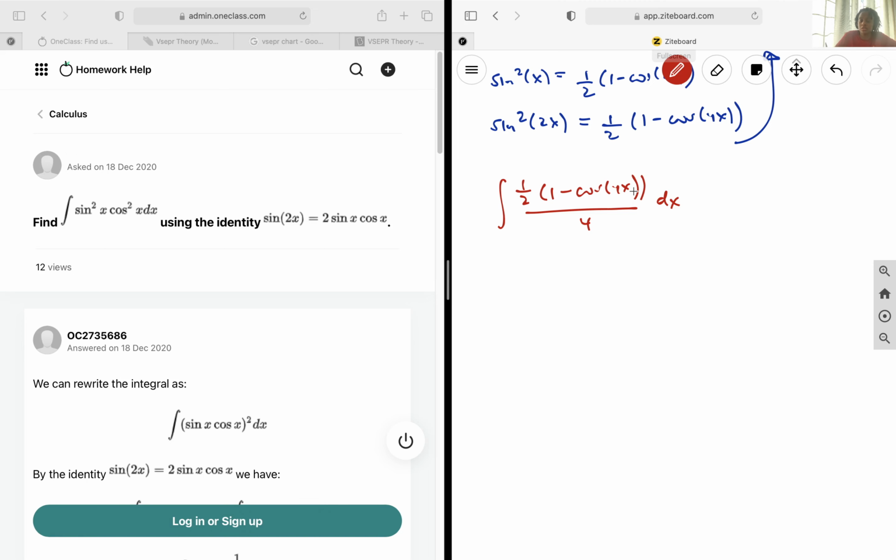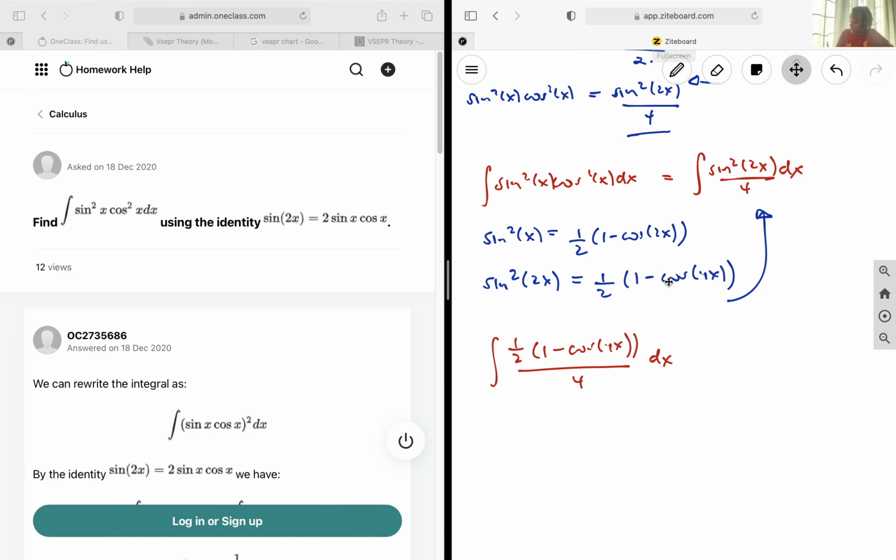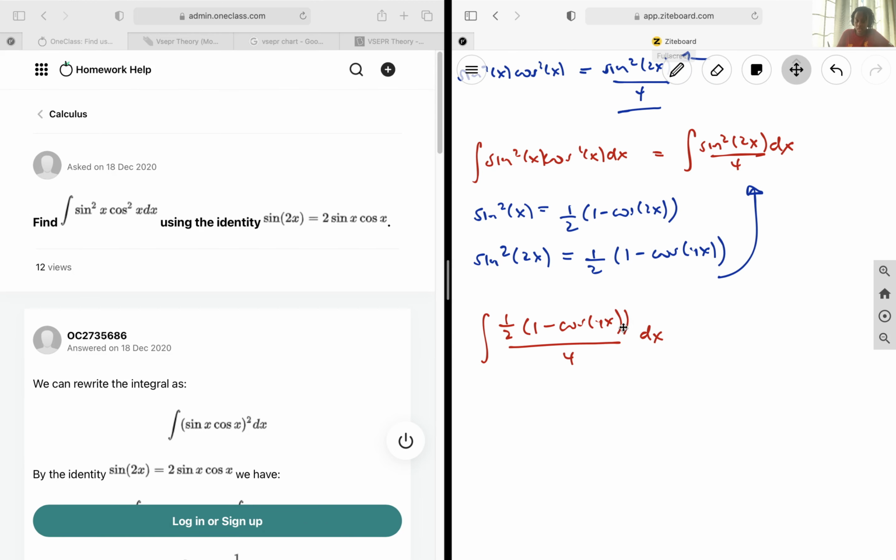And then it will be easier to find this integral than the first one. And so we just proceed. We can go ahead and pull out 1 over 2 over 4, which is going to be 1 over 8. That becomes 1 over 8, the integral of 1 minus cos 4x dx.